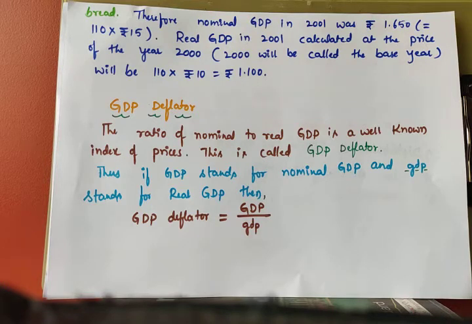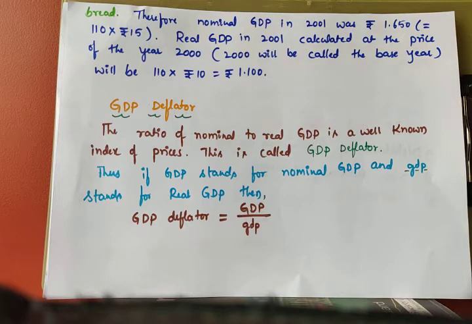In the year 2000 we call it the base year, and 2001 is called the current year. Similarly, 2019 is the base year and 2020 is the current year. So this is a small piece of information about real and nominal GDP.